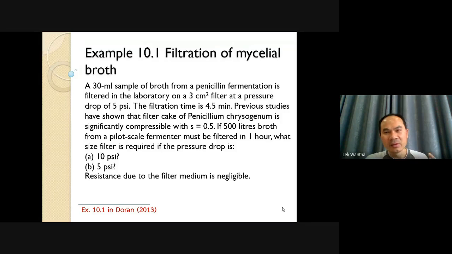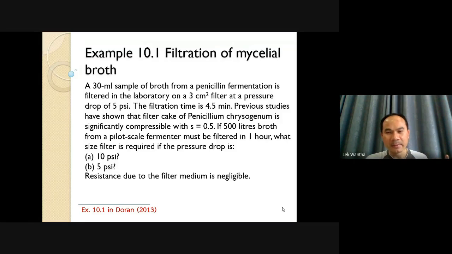We use a filter in lab scale with a filter area of 3 square centimeters. We operate with a pressure drop across the filter medium of 5 psi. The time for filtration is 4.5 minutes.